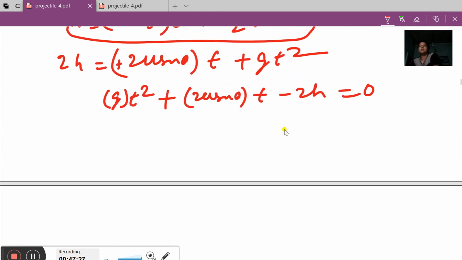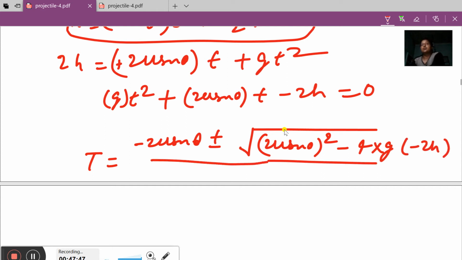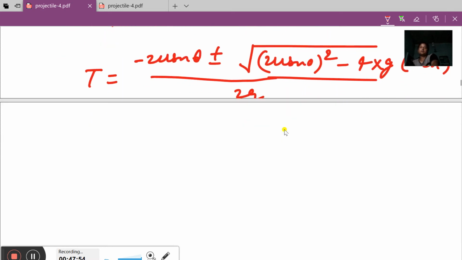So time of flight is minus b plus minus under root b square minus 4ac over 2a, that is minus 2u sin theta plus minus under root 2u sin theta whole square plus 8gh over 2g. So the only difference is the negative sign here.